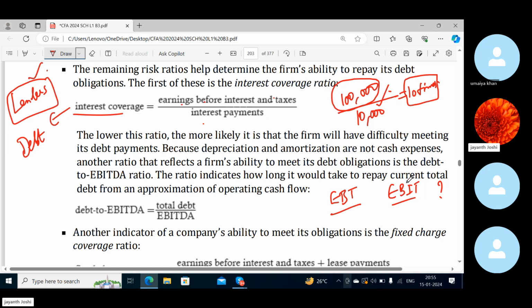Isha, you try to answer. I'm asking a question. Why are you taking EBIT instead of EBT? So I think that holds the interest.